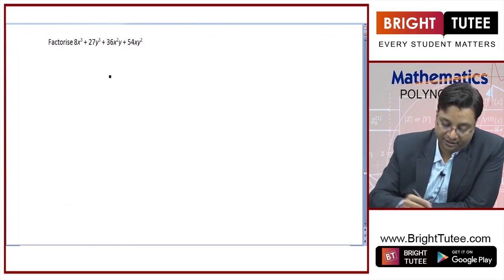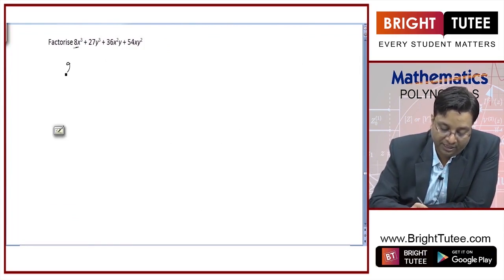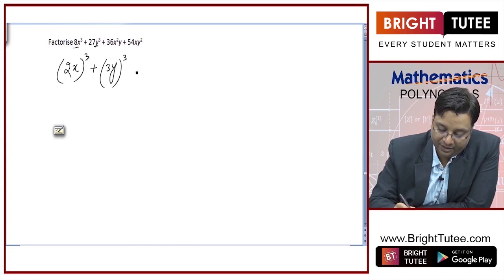Now we need to factorize this. This looks like cube of 2x and this is cube of 3y, and this is 3 into 2x square into 3y.